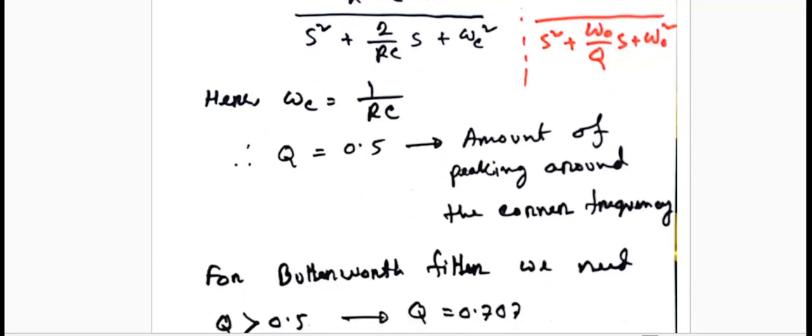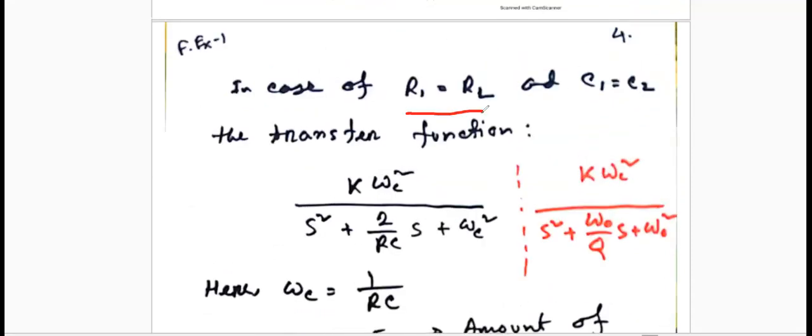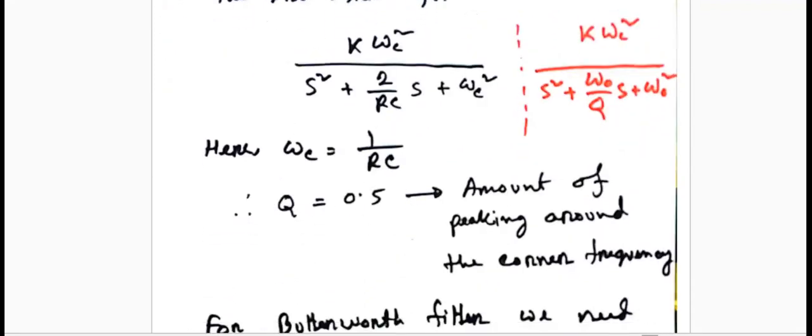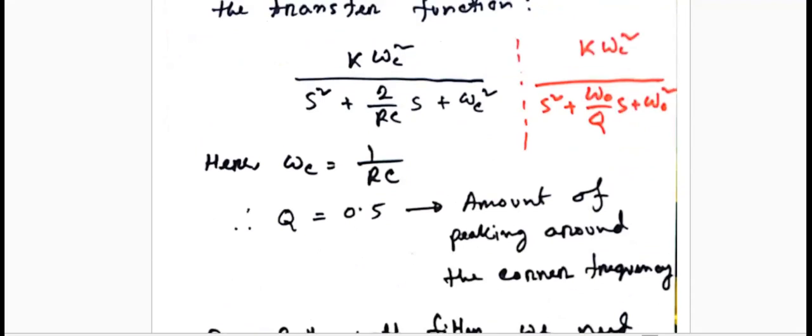In this case, the cutoff frequency is equal to this, because as we started with the values R1 equal to R2 and C1 equal to C2, they are equal. And if you can observe the fact here, the Q is equal to 0.5. We are still not in the Butterworth domain.